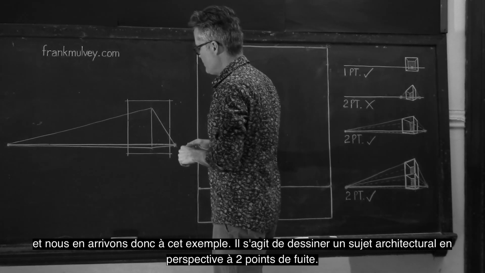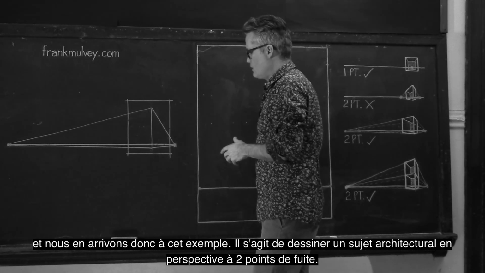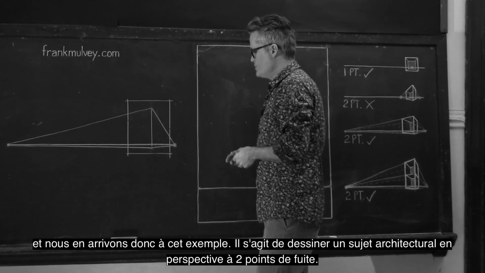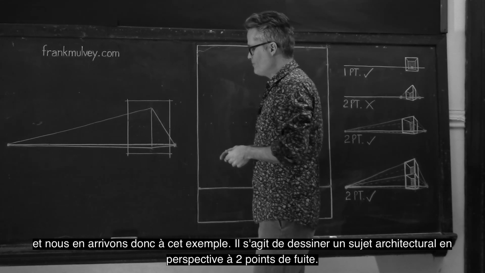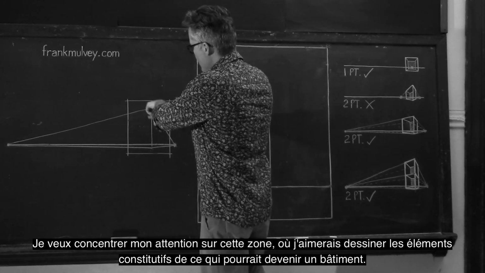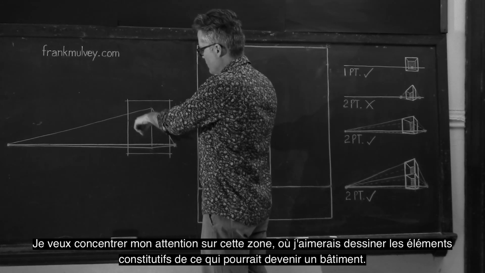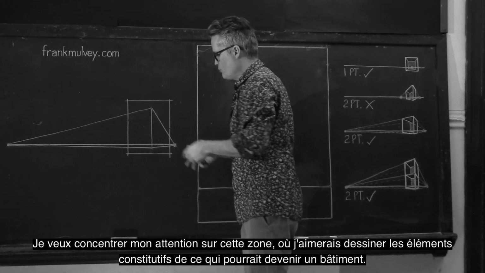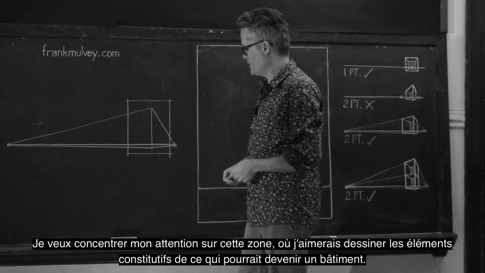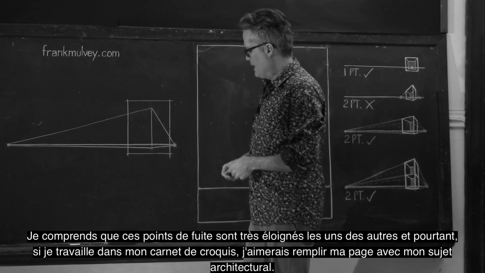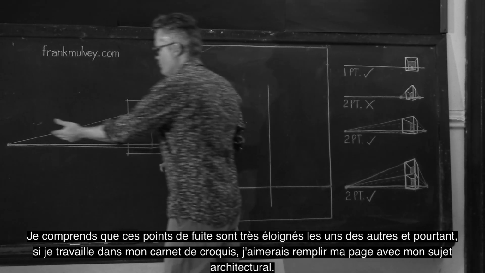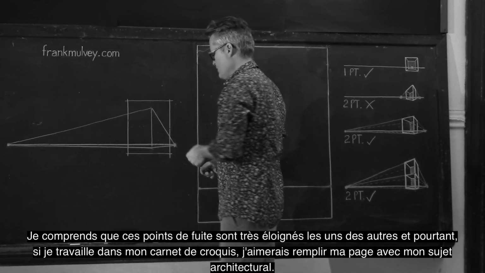This is set up in order to be able to draw an architectural subject in two-point perspective. And I want to focus my attention in this area where I'd like to draw the building blocks for what could become a building, a piece of architecture. And I understand that these vanishing points are very far away from each other.